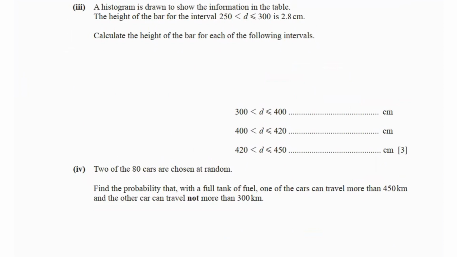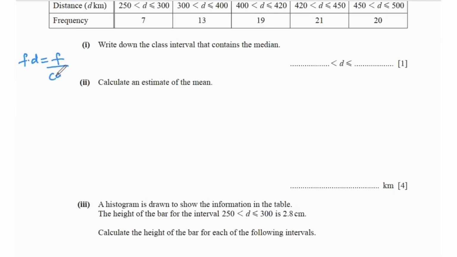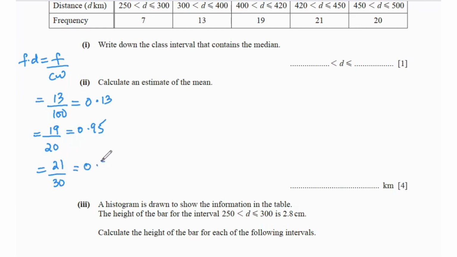Frequency density has the formula of frequency over class width. So for 300 to 400, it's 13 over 100, which is 0.13. For 400 to 420, it's 19 over 20, which is 0.95. For 420 to 450, it's 21 over 30, that's going to be 0.7.